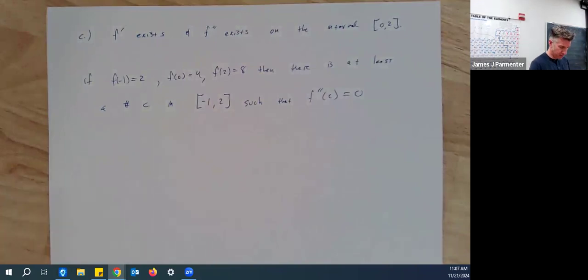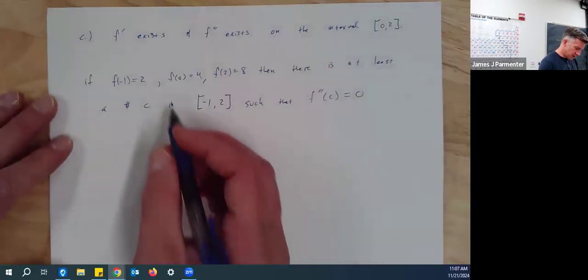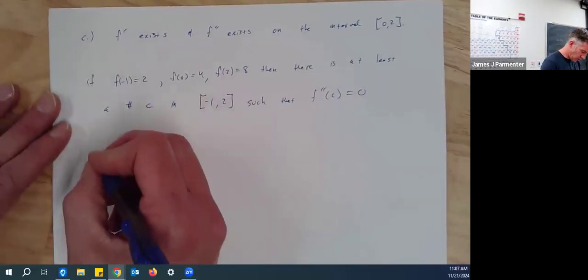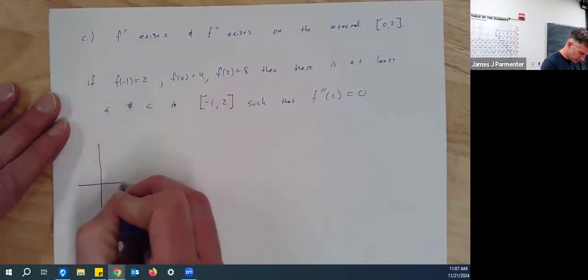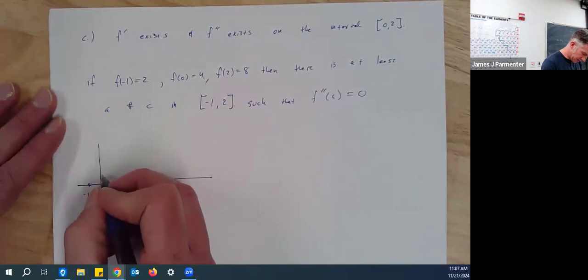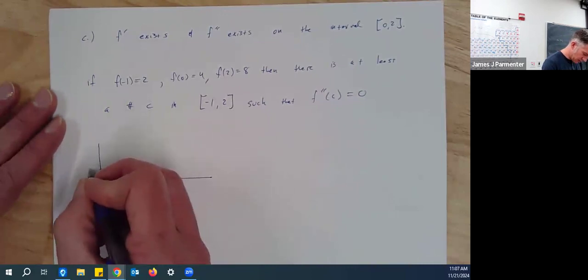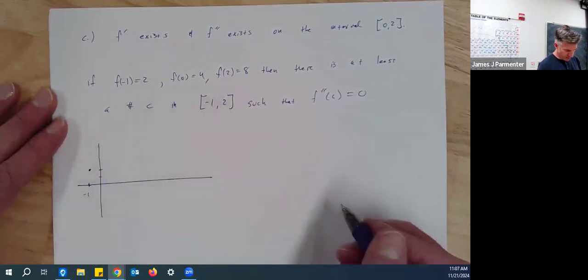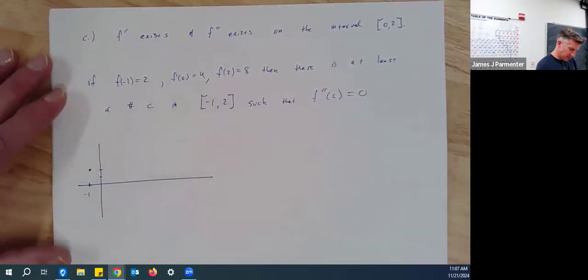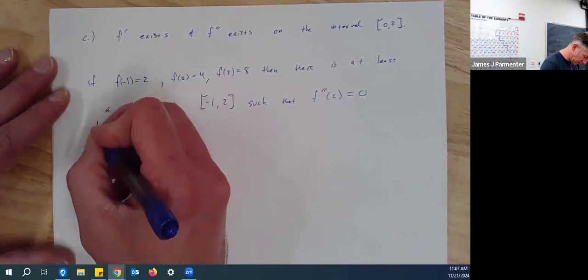Okay, so here's what I'm thinking. Let's draw a picture, because I think it's useful. We know that f of -1 is 2, and f of 0 is 4. I drew my picture poorly here. I really made my x-axis big and my y-axis small, which is the opposite of what I wanted.